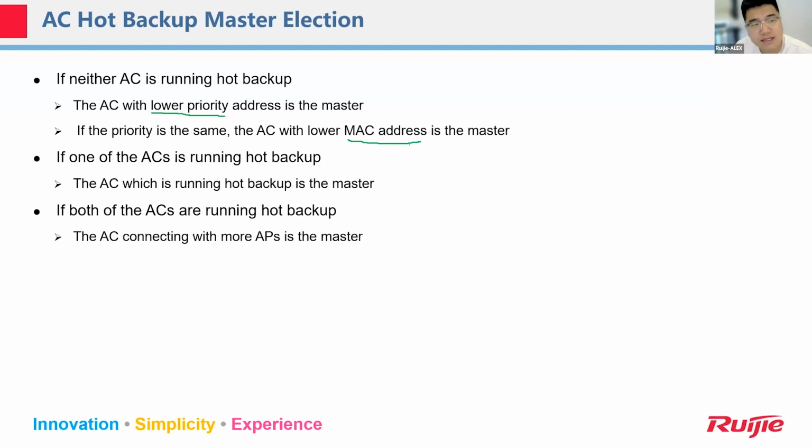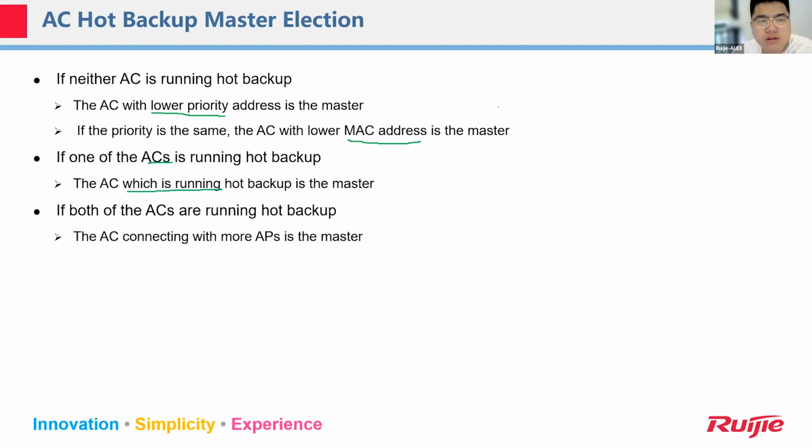While if one of the ACs is running hot backup, for example, if we have already enabled hot backup on one of the ACs, in this case, the AC which is running hot backup is the master.